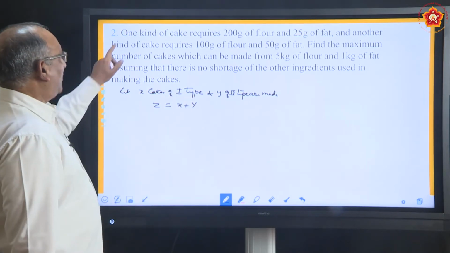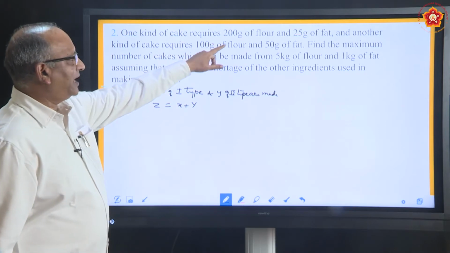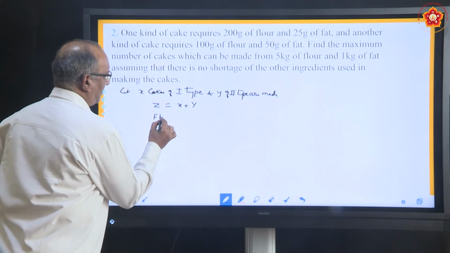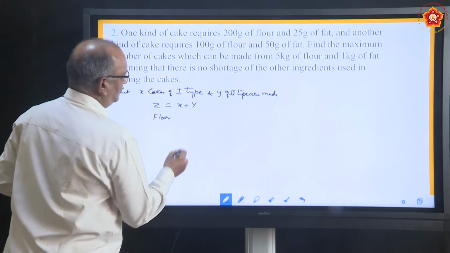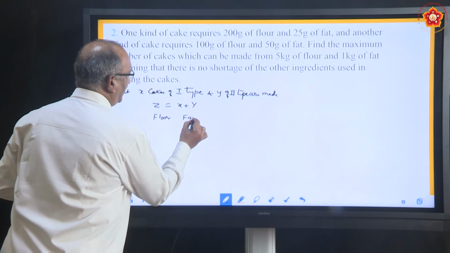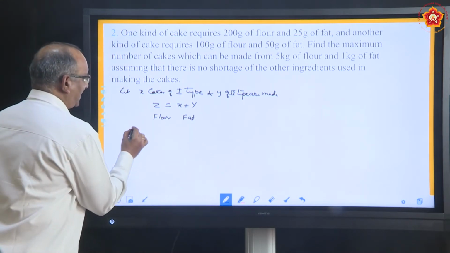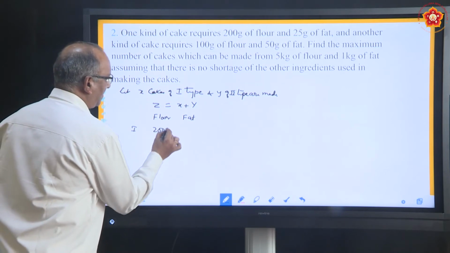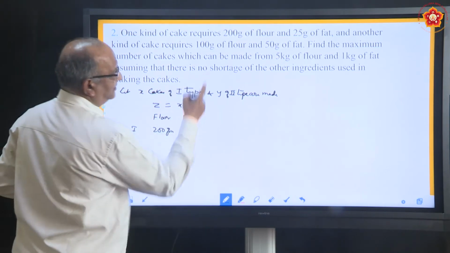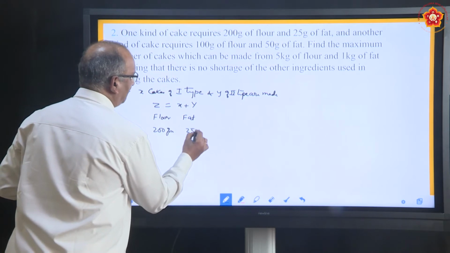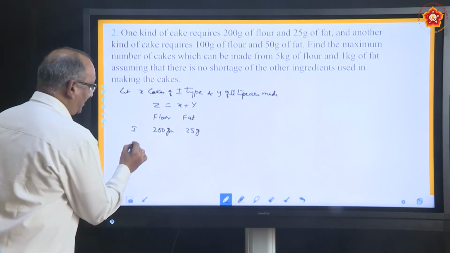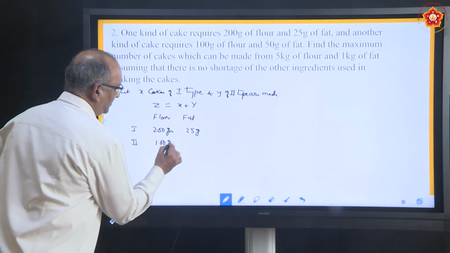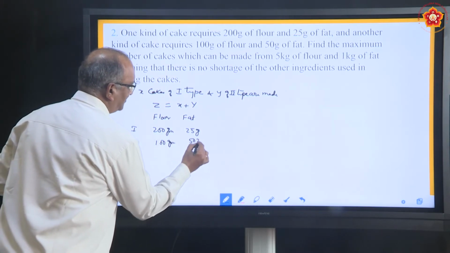Now, one kind of cake requires 200 gram of flour. You can say here flour and then fat. The first type of cake requires 200 gram of flour and 25 gram of fat. The second kind of cake requires 100 gram of flour and 50 grams of fat.